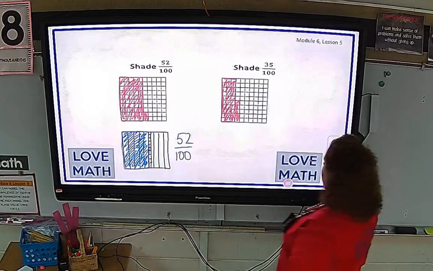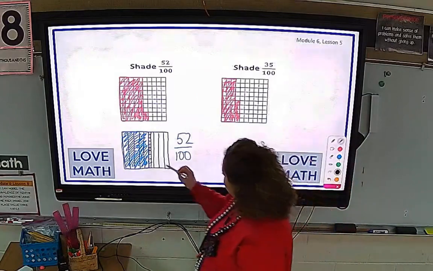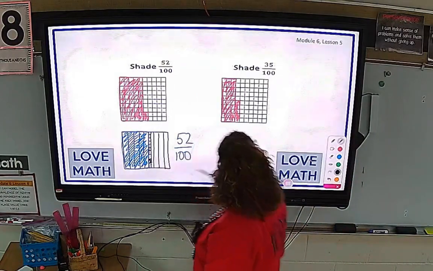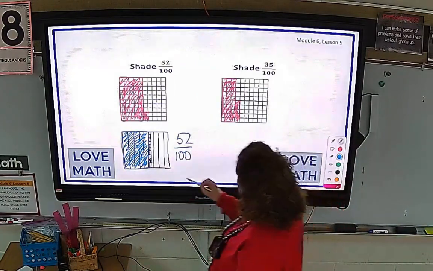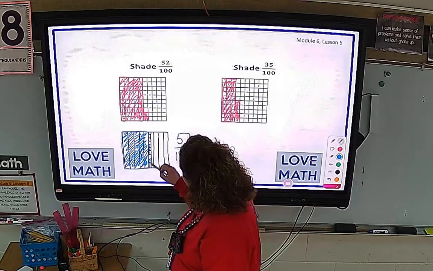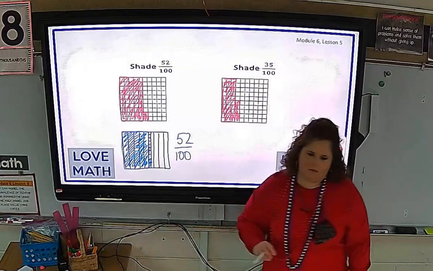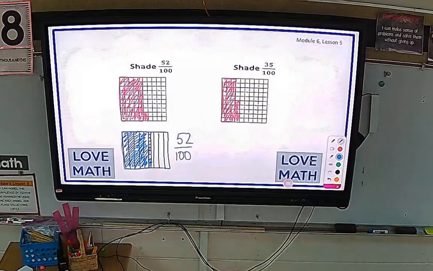And I'm going to shade 2 of those. And that's a little simpler than having to draw every single horizontal line. Because it just gets messy sometimes when we have to draw that many lines.